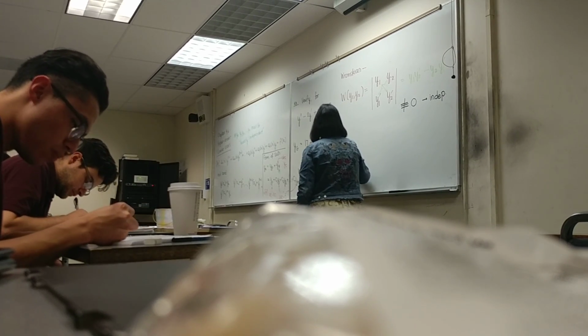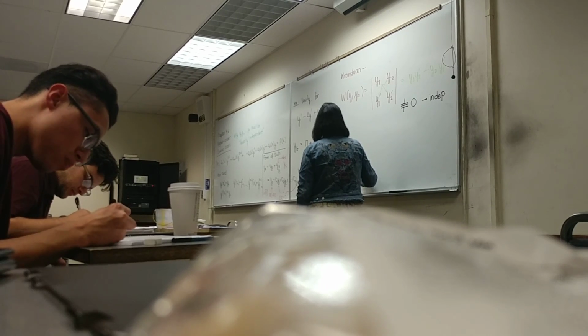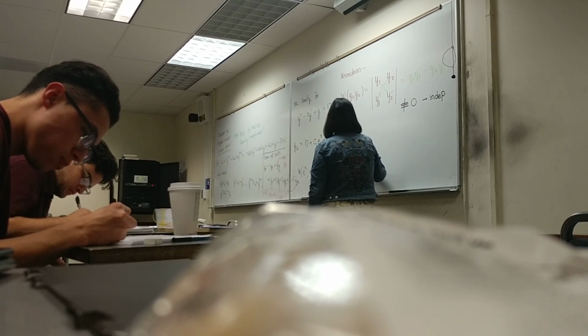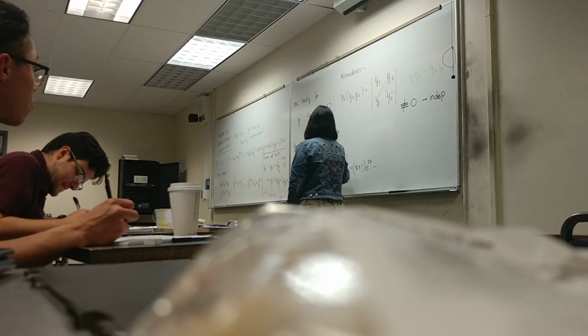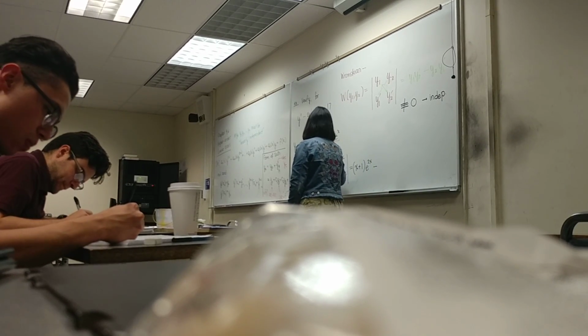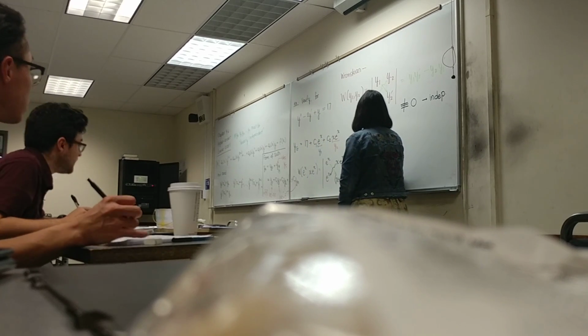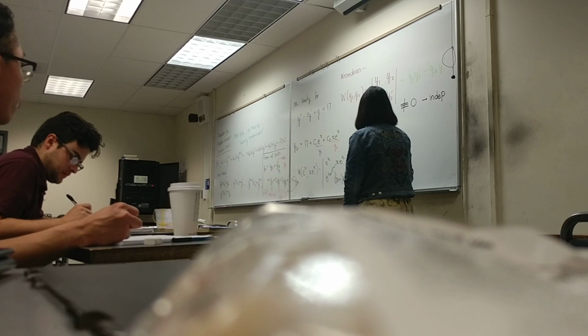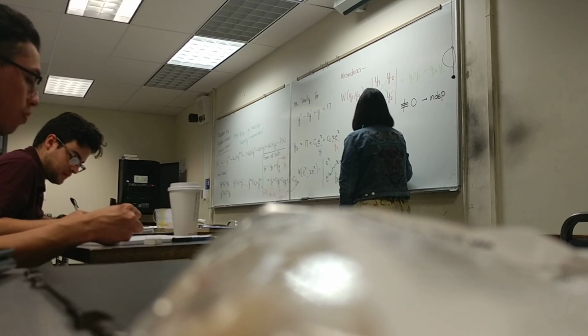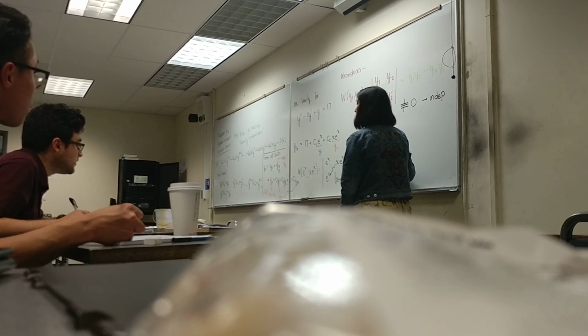And then minus, and we jump over this way, x e to the 2x. So we end up with just 1 e to the 2x.